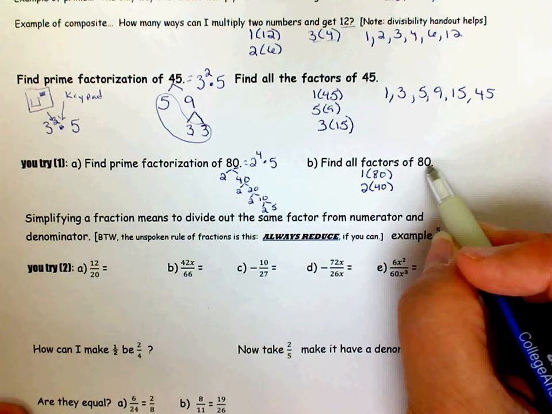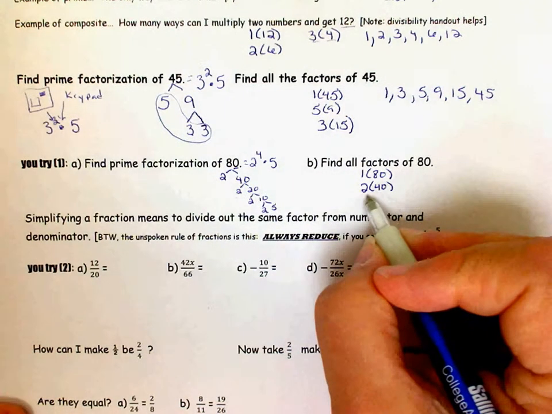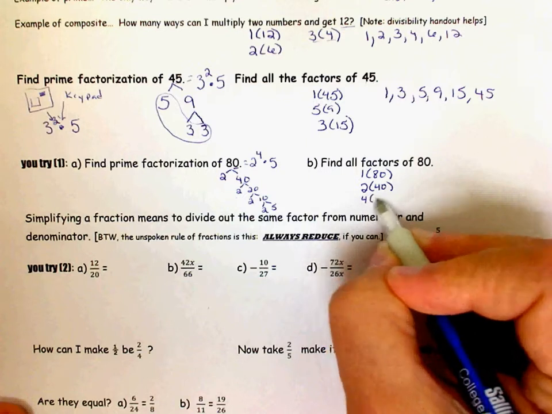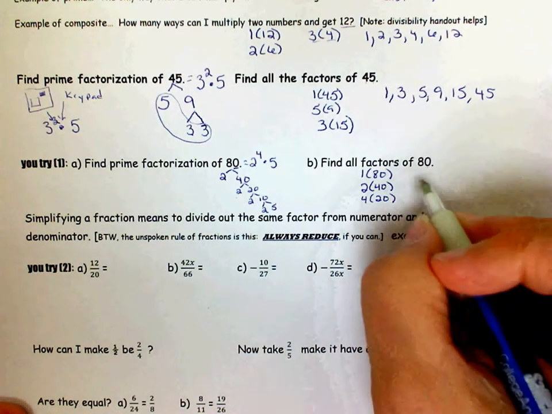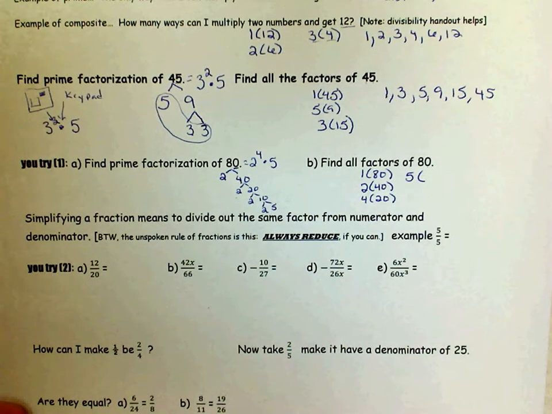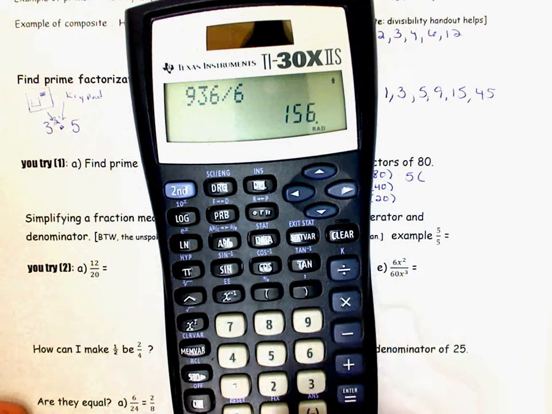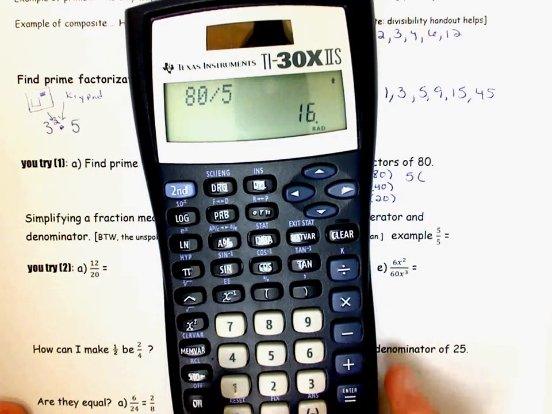And 8 is not divisible by 3, so 3 doesn't go. But 4 goes 20 times. And because it ends in 0, 5 goes. And let's use our calculator to find this. Alright, 80 divided by 5 gives us 16.